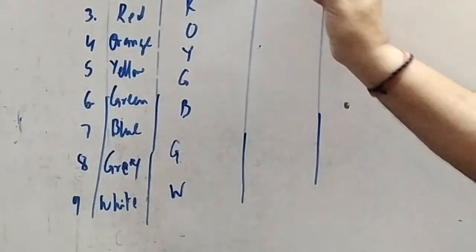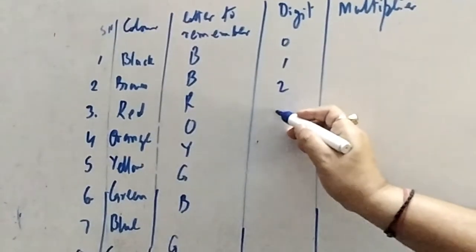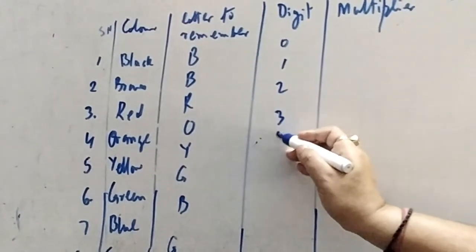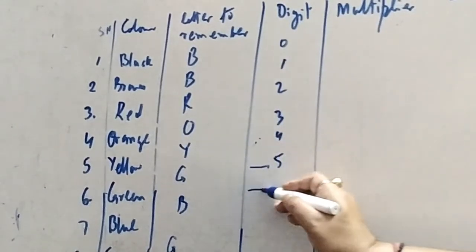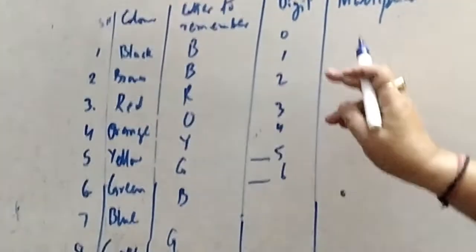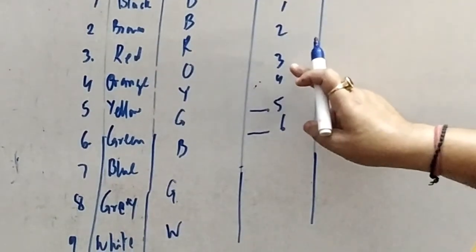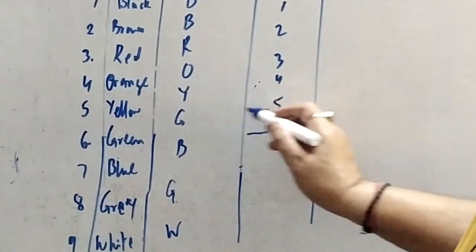And here the corresponding digits are 0, 1, 2, 3, 4, green 5, 6, 7, 8, 9.